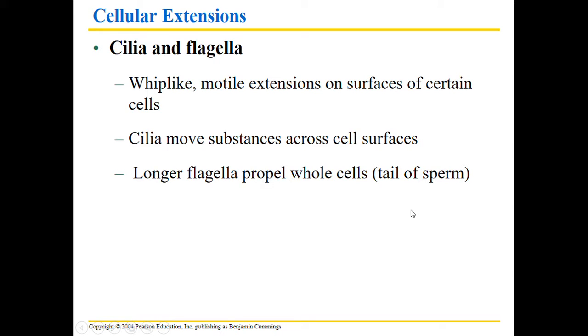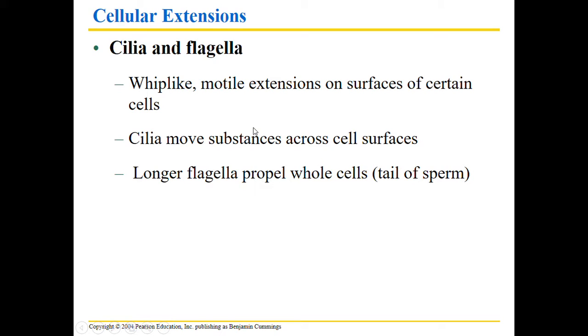Next, we have cellular extensions. So some of our cells are very specialized, and this is the outside part of the cell, so an extension of the cell, if you will. And this is where this specific cell's plasma membrane gives that cell a different shape for a different purpose.